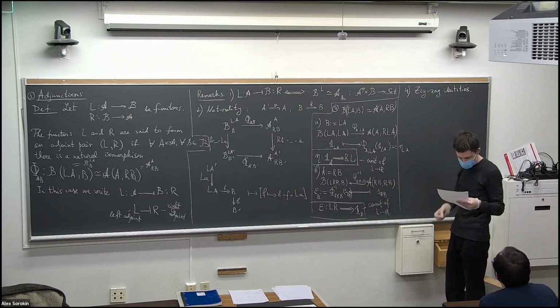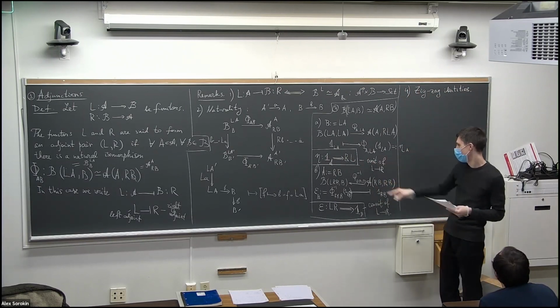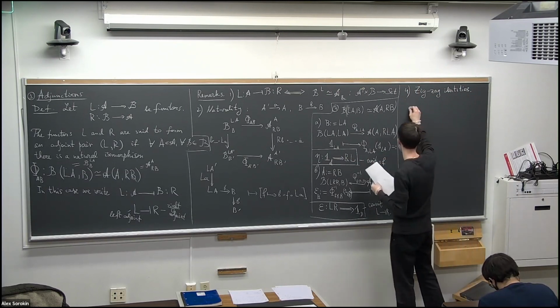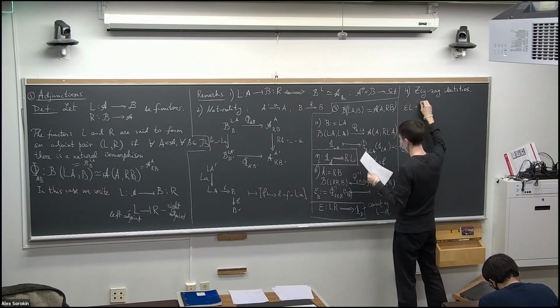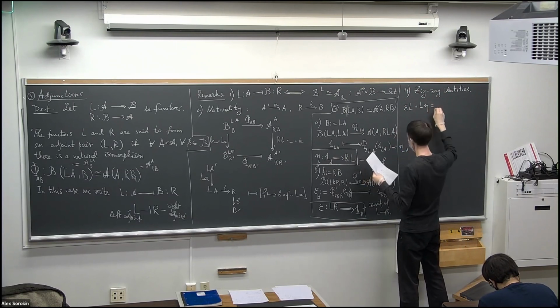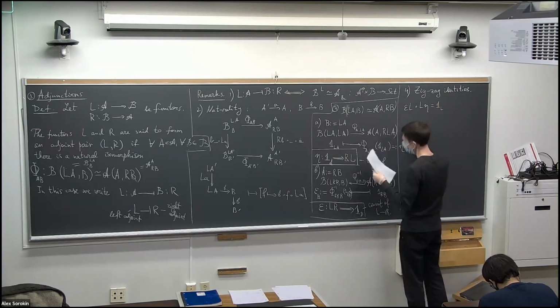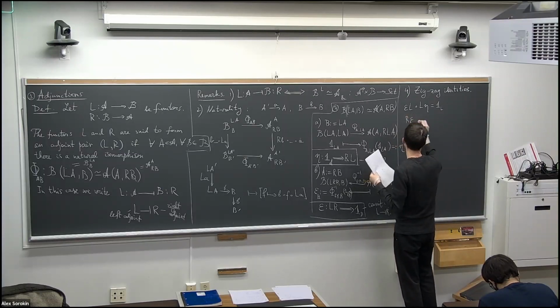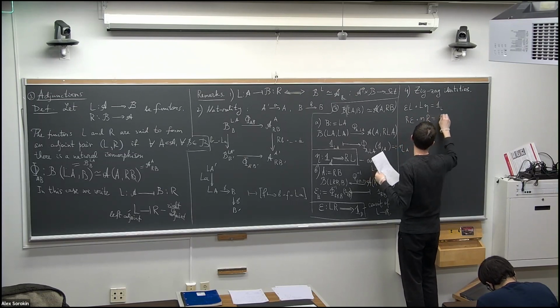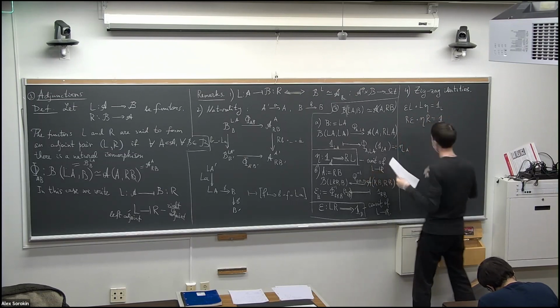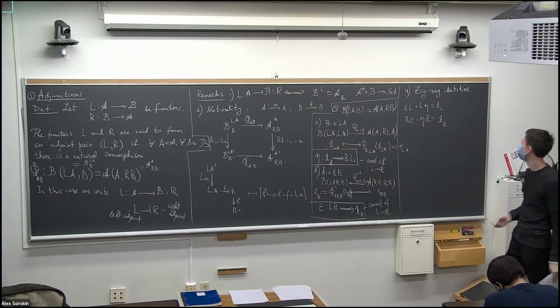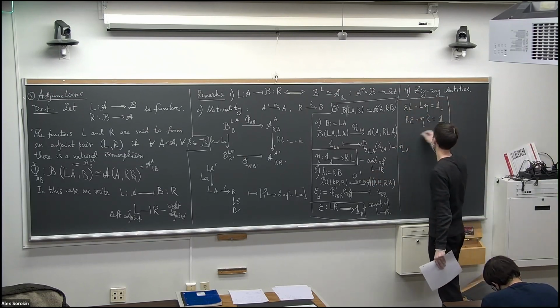Our unit and co-unit satisfy the following two identities. So epsilon L composed with L eta equals the identity natural transformation on functor L, and R epsilon composed with eta R equals the identity natural transformation on functor R. We have these two equations.